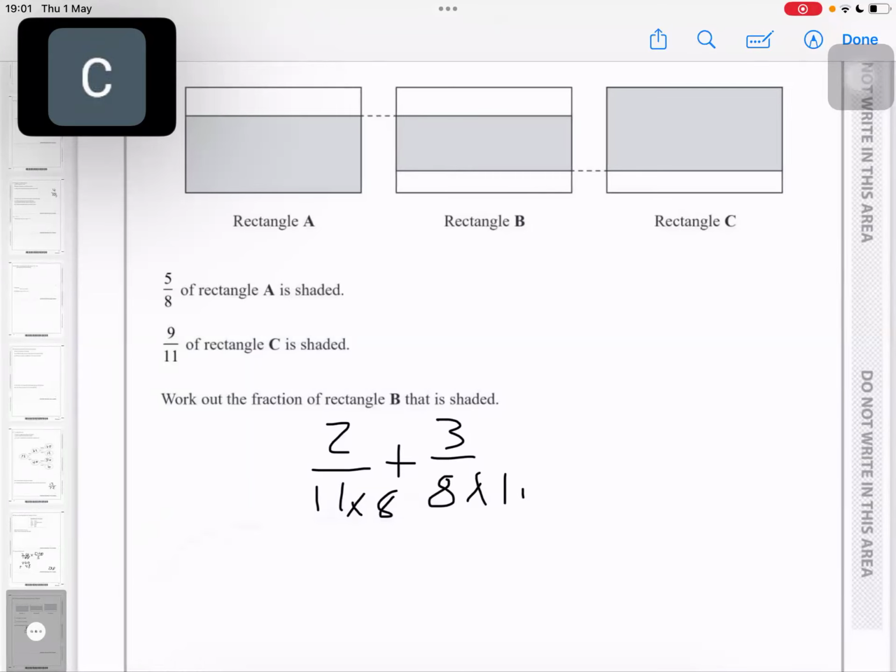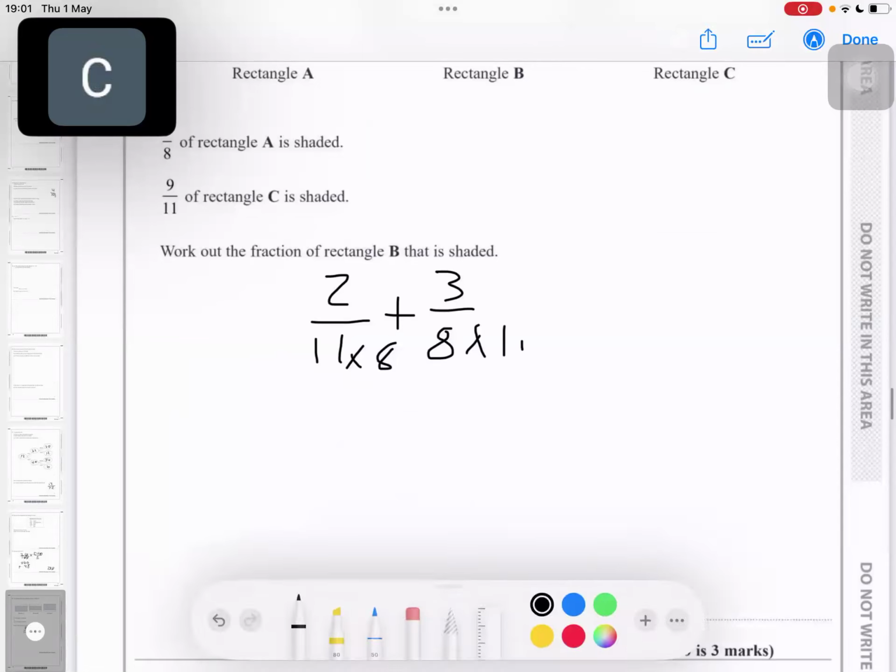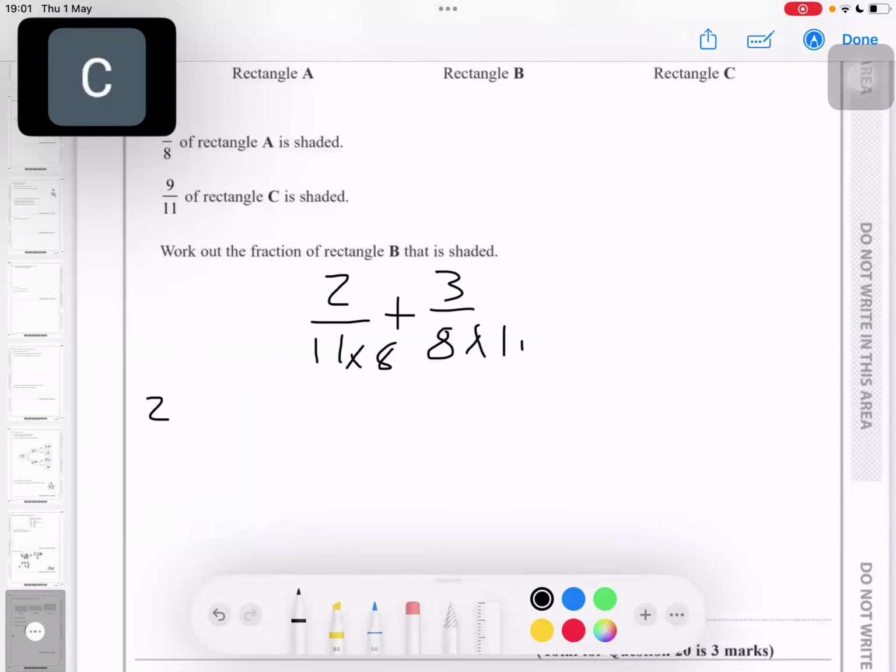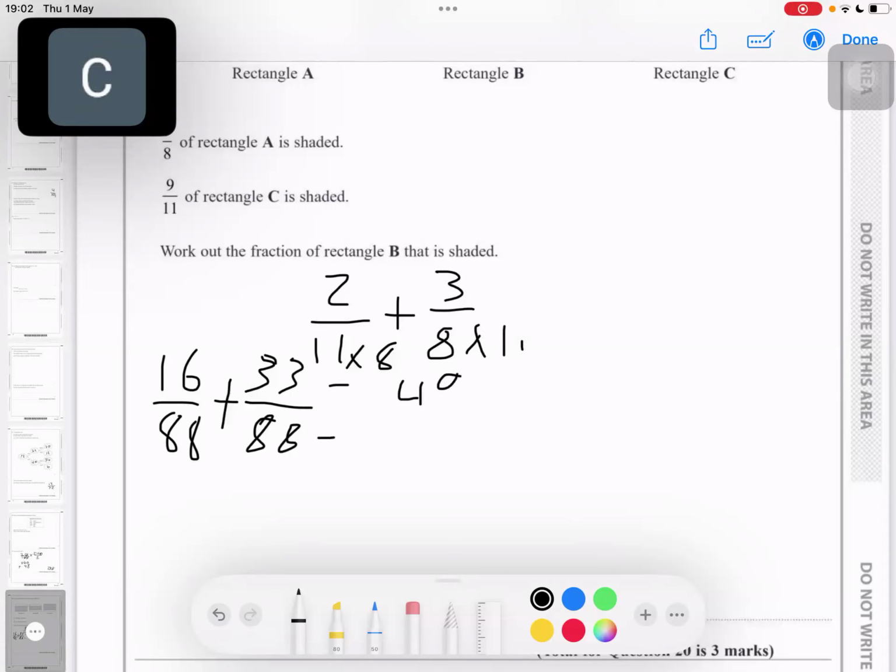That would give us 16 over 88 plus 33 over 88. You see 33? Yes, 33 because of the 11 times 3. So what would this amount to? 49. Okay.